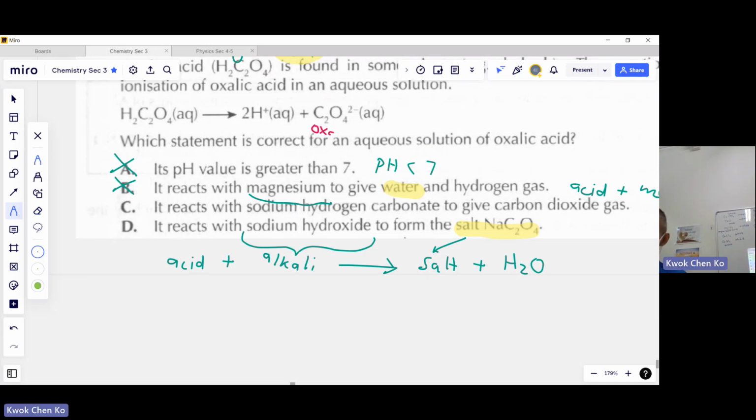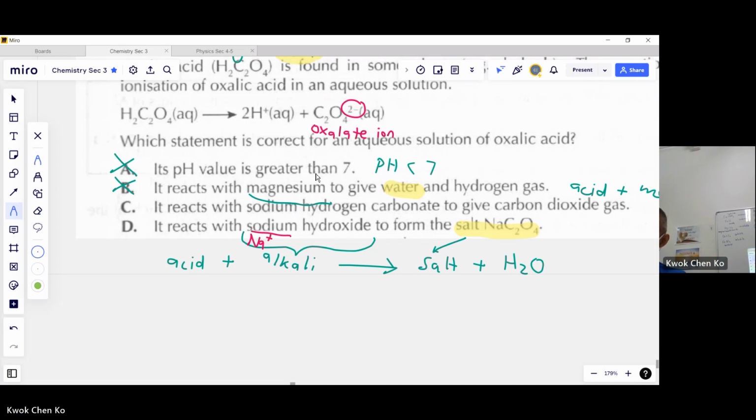I mean, no need to know the name, of course. But what you need to know is the charge. You notice it's 2 minus. All right. And then sodium, what's the charge for sodium ion? Sodium is group 1 element, so it's Na plus.